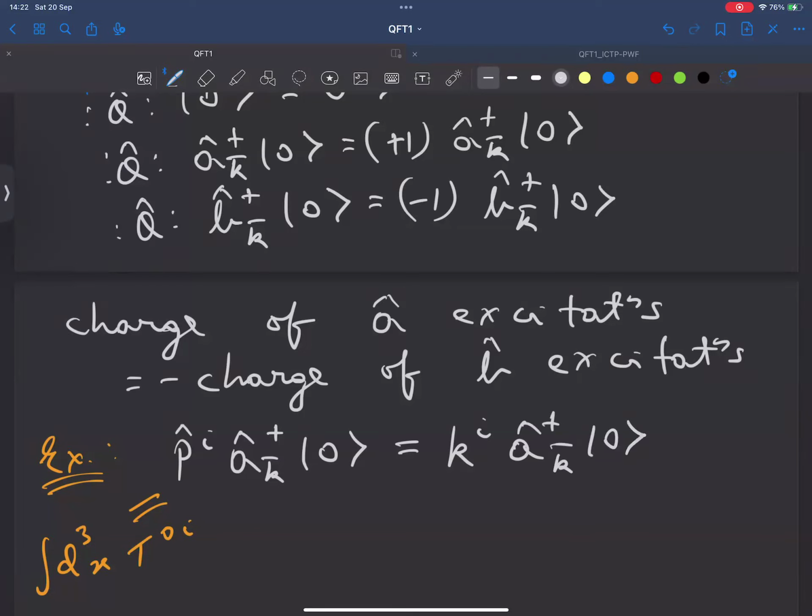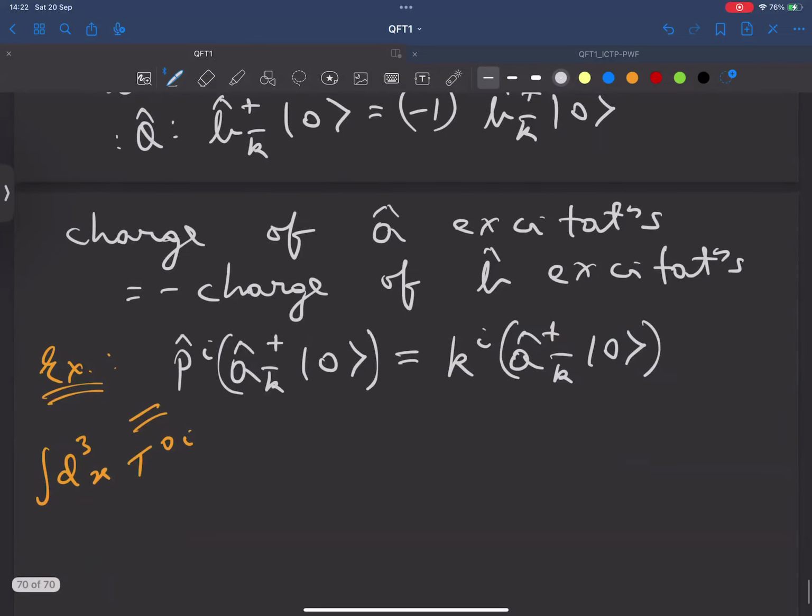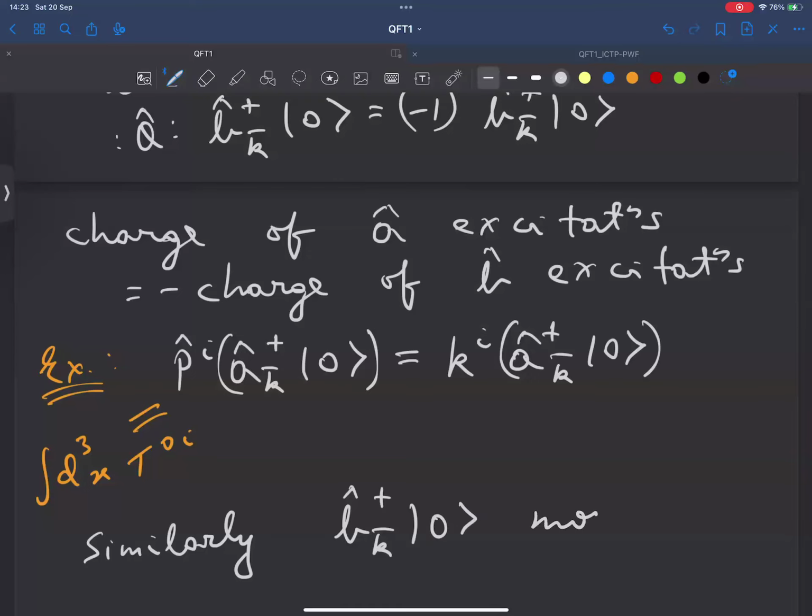Okay. So P acting on the state gives you just k^i. And similarly for the B, this state will have momentum k^i.